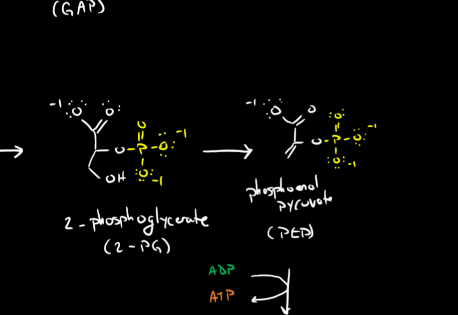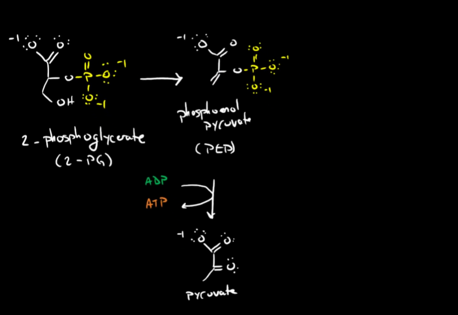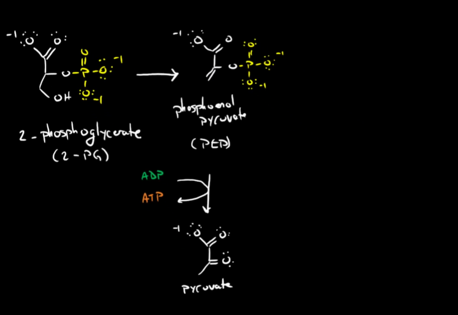This molecule has enough energy built into the bonds that it can convert ADP to ATP, and when that happens, the phosphoenol pyruvate is converted to pyruvate. Like the first high energy intermediate, we have 2 equivalents of this since it's only 3 carbons, which means we are creating 2 molecules of ATP in this step.